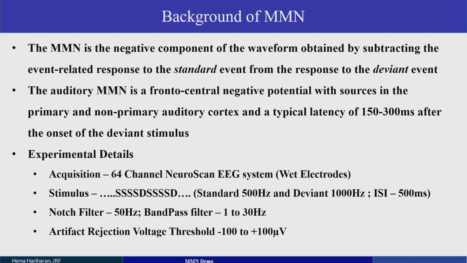This will be repeated for about 100 loops, and it takes about 10 to 15 minutes. Then only will we be able to average all the ERPs and obtain the particular MMN.